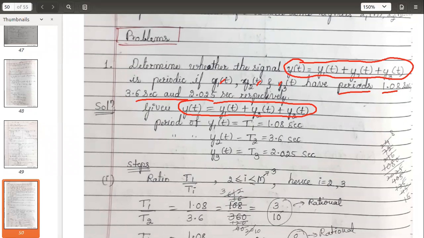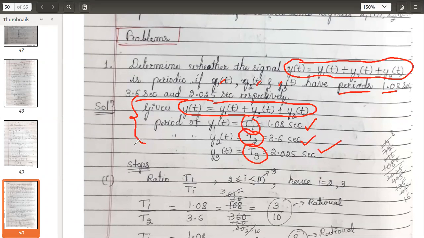The period of the first signal I will denote as T1, because in the procedure I need to substitute T1, T2, T3 like that. That's why I'll denote each time period by capital T with 1, 2, 3 like that. This is the given data in the question.